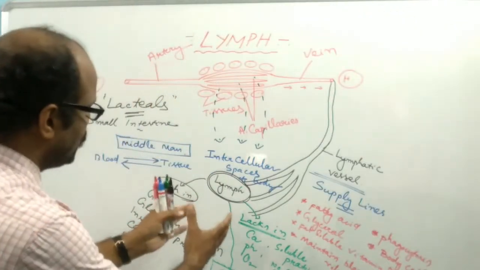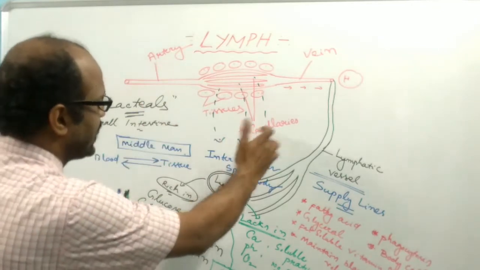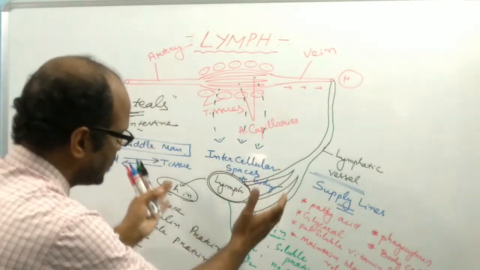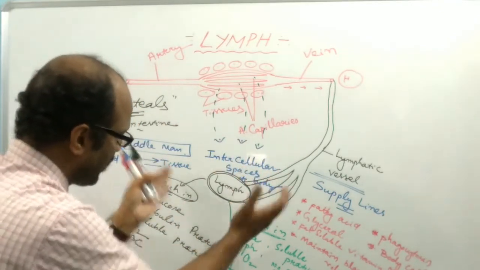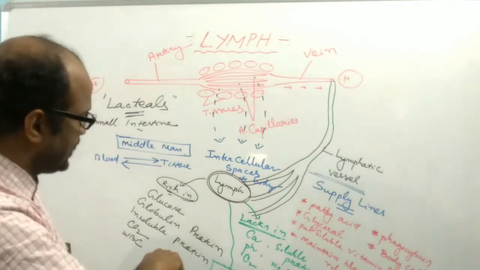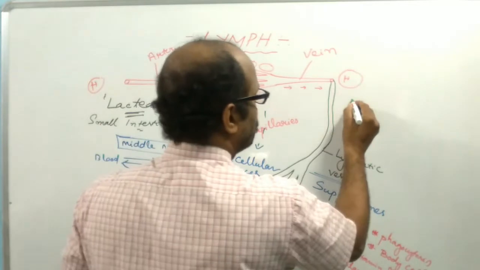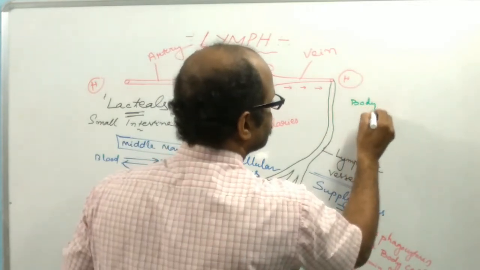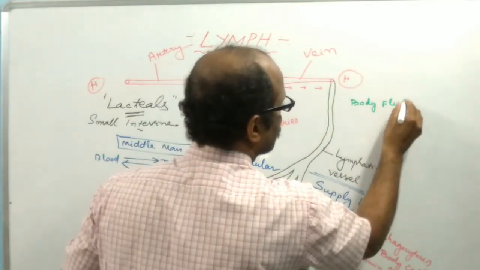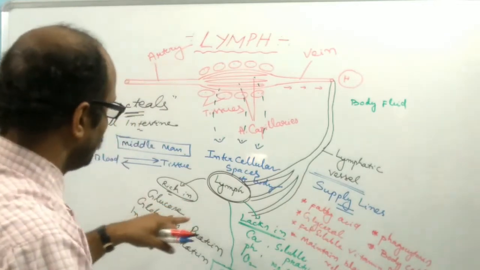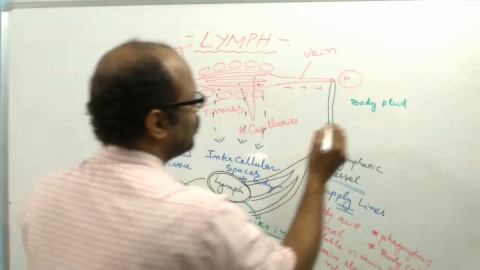Lymph oozes out from the arterial capillaries and is stored in the tissue spaces or the body spaces. That's why it is also known as body fluid and tissue fluid.